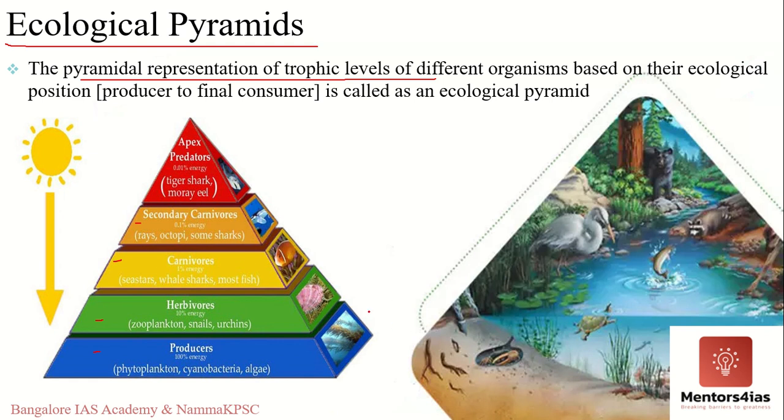Here I want you to remember two things. First, the height of each bar that you see in the ecological pyramid is always constant, whereas the width, or you could call it the length, of the bar varies with respect to the quantity of the aspect being measured, that is the energy, biomass, or the number of organisms.